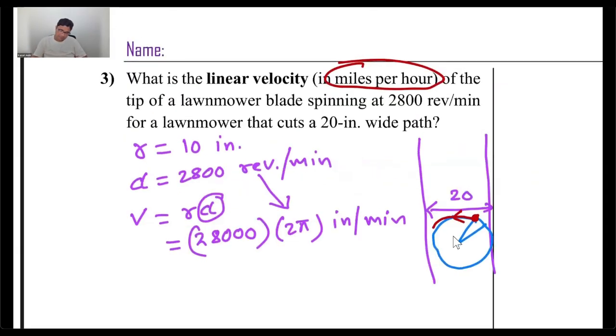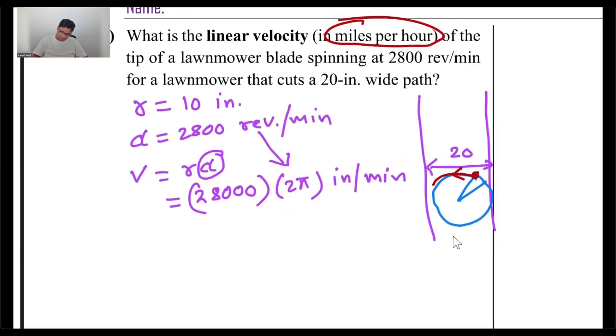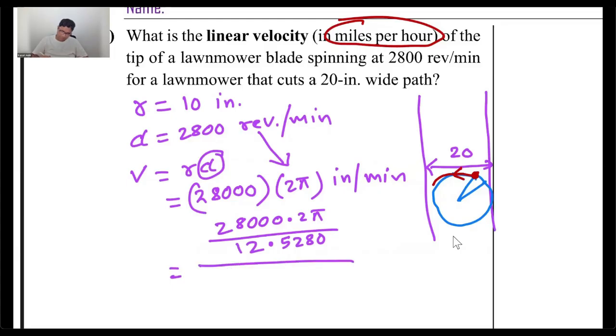We want that in miles per hour. So 2800 times 2 pi inches divided by 12, so it is in feet, divided by another 5280, so it is in miles now. That is the numerator.